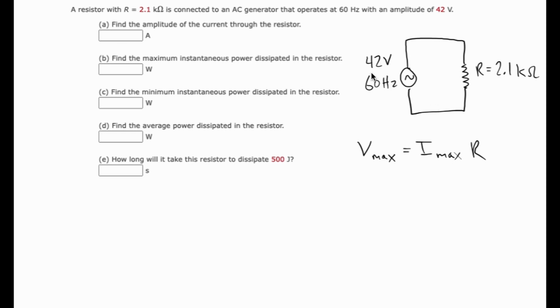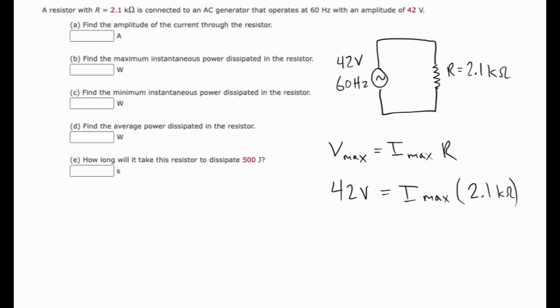I know the voltage drop across the resistor, and I know the resistance. Alright, 42 divided by 2.1, 0.02 amps. So that's our max current.